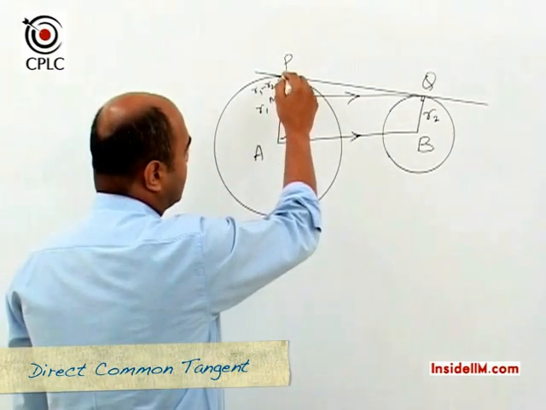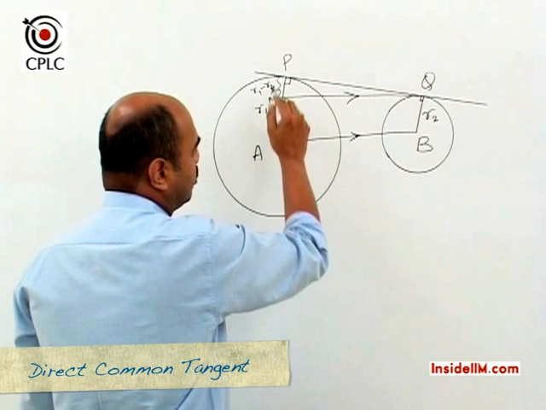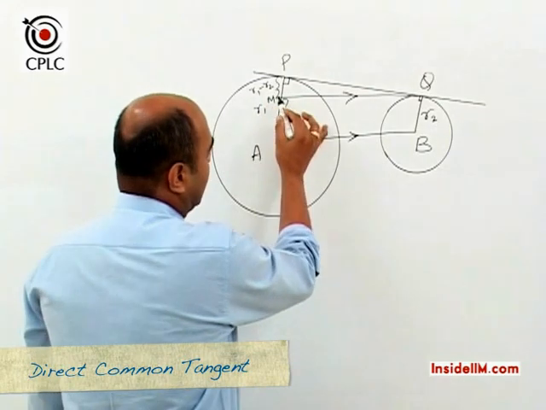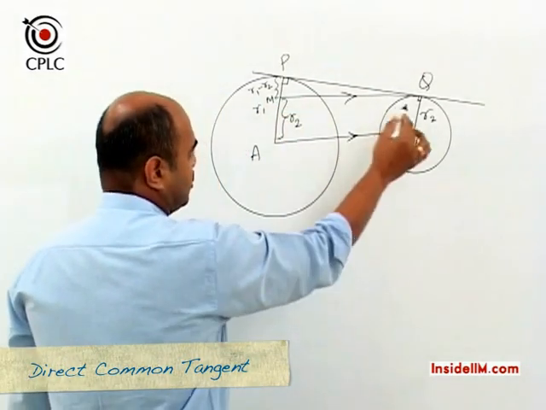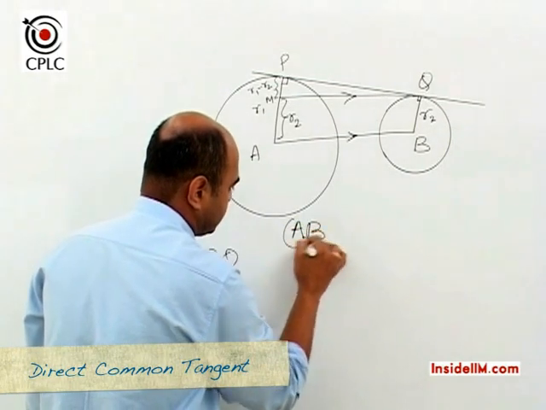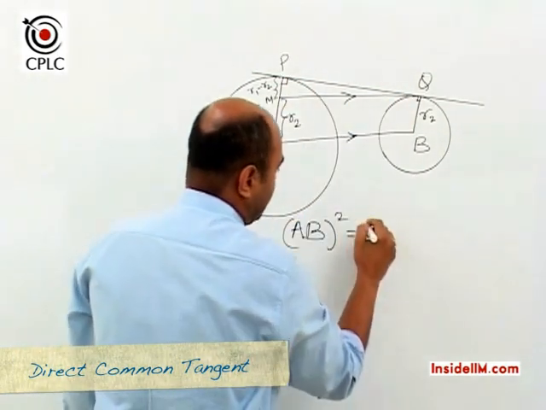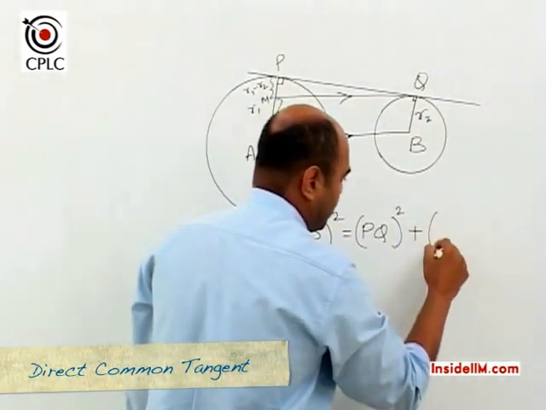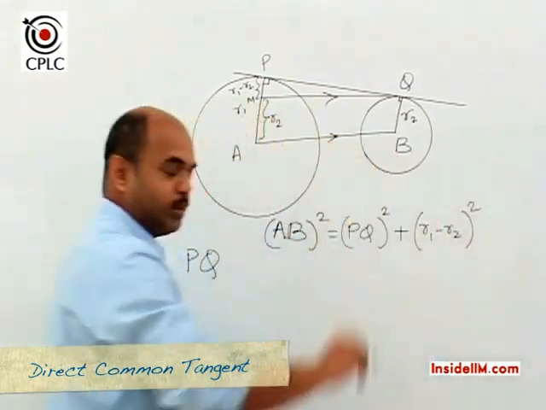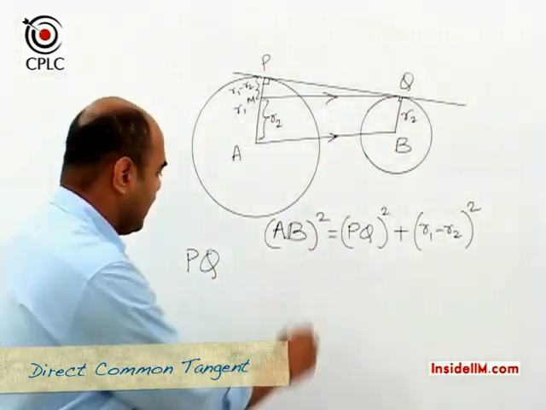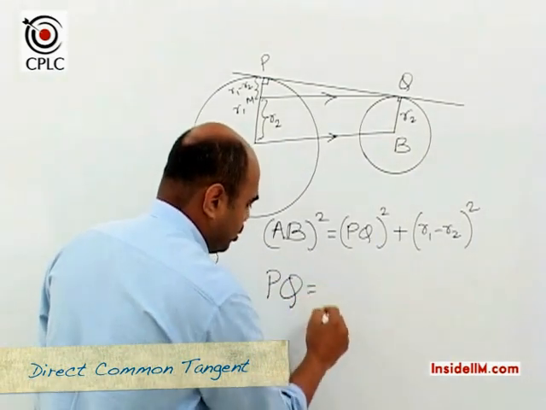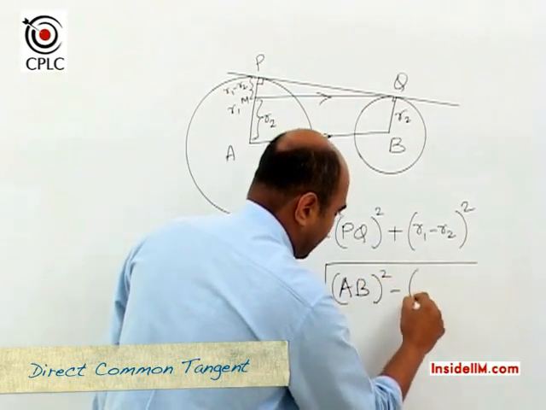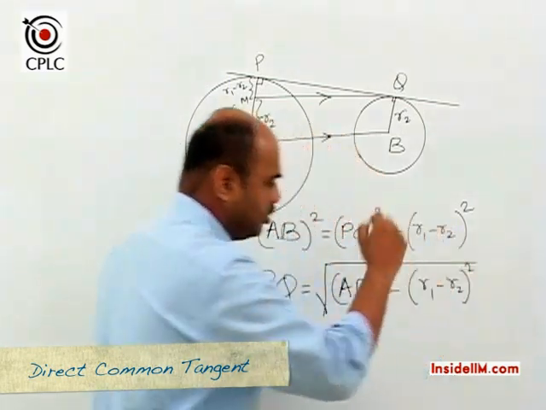When we consider this triangle MPQ, which is a right angle triangle, and apply Pythagoras theorem, we get AB, which is the hypotenuse, so AB square is equal to PQ square plus this small length, R1 minus R2, the whole square. Hence we get PQ is equal to square root of AB square minus R1 minus R2 the whole square.